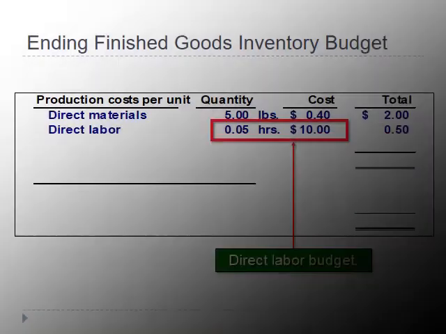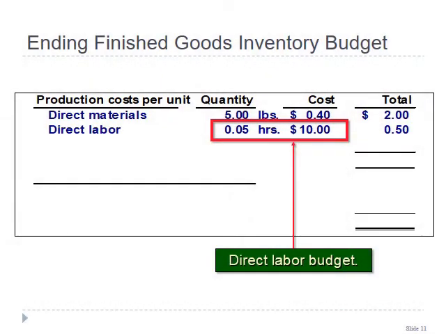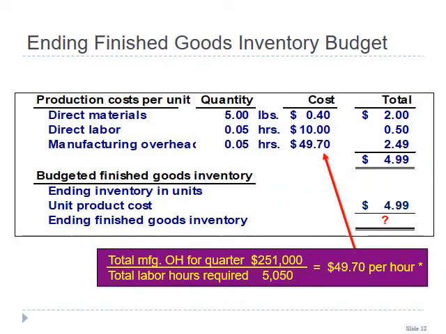And also we know that for direct labor, 1 unit requires 0.05 hours, and the cost is $10, so the answer is 0.5. And manufacturing overhead, we know is based on direct labor hours, so direct labor hours 0.05 multiplied by the per hour cost of 49.70, answer is 2.49. Hence our total manufacturing cost is 4.99.